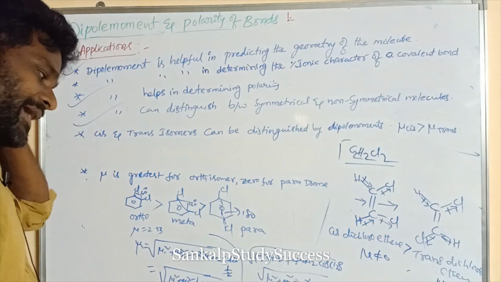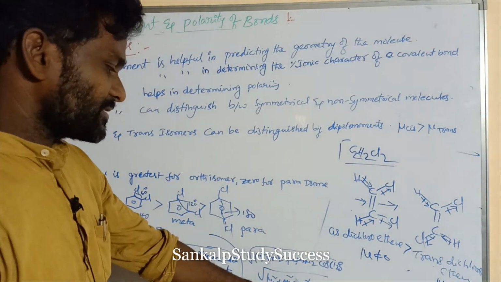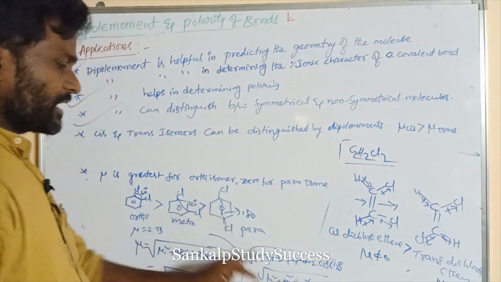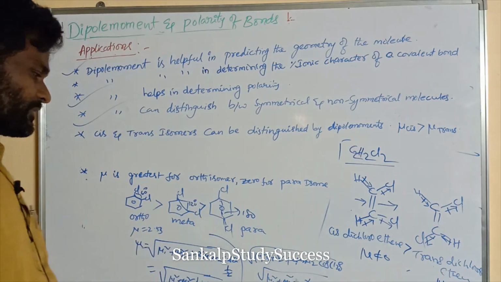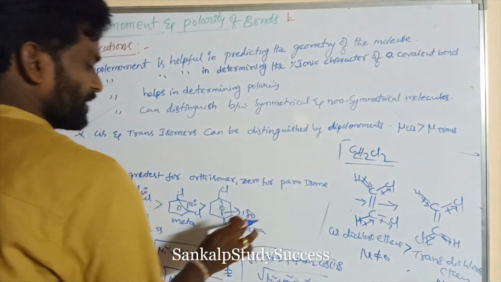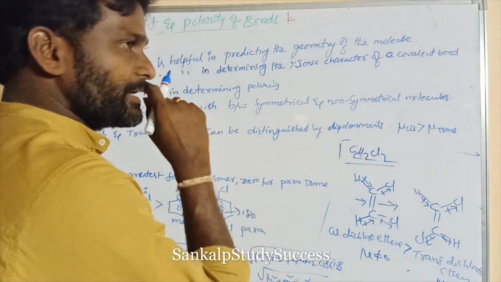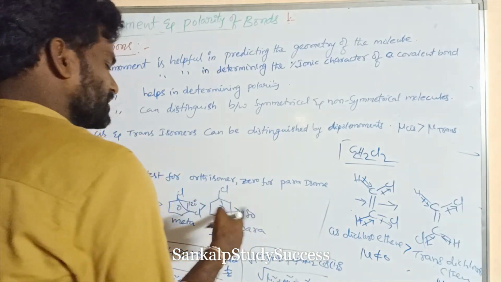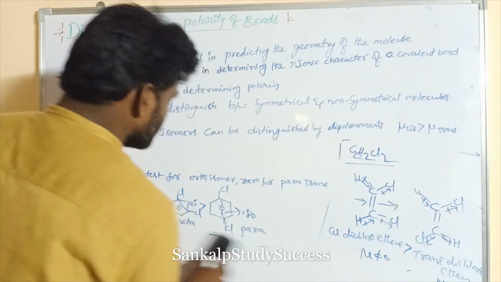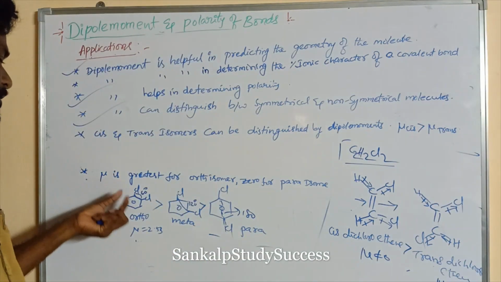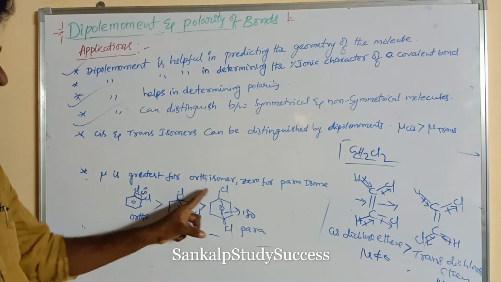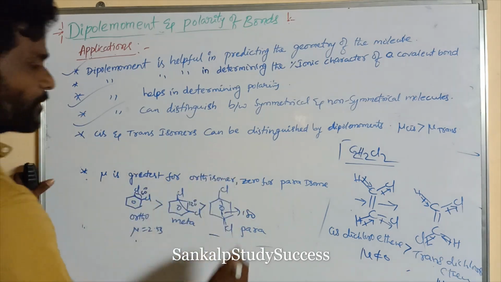That means the dipole moment is added in one case and subtracted in the other, so it is reduced. Now cos 180 means minus 1, so this is also reduced. Which has more dipole moment? Ortho has more dipole moment than meta, and finally para has zero dipole moment.